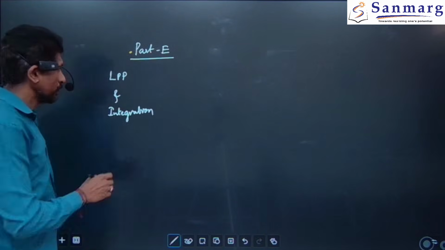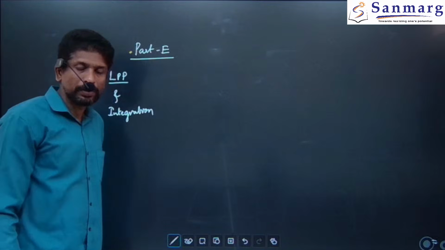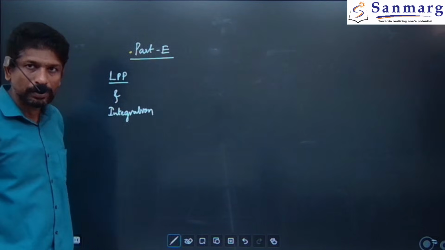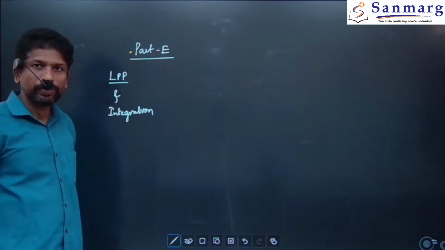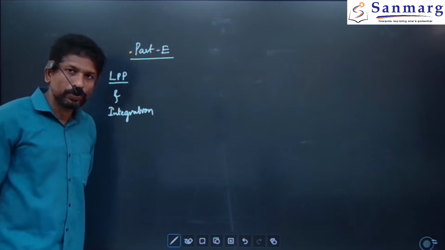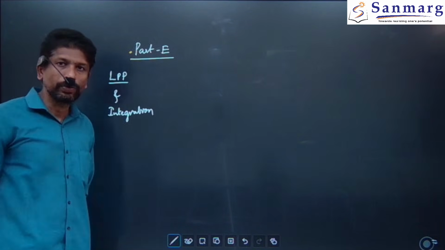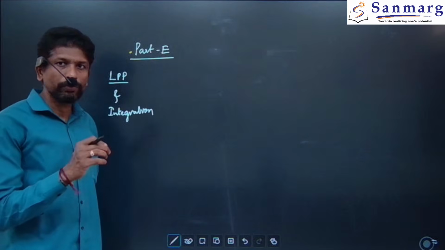So let us take LPP, as you know already. It is having some number of inequality equations. By that you have to find the corner points, then substitute those corner points in the objective function. As you know, z is equal to ax plus by is the objective function.